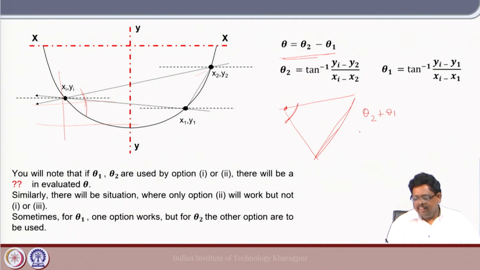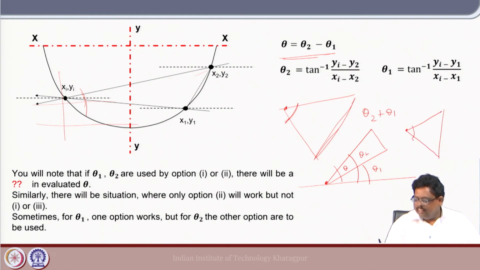It depends on how you are measuring. Are you getting my point? Like if this is your point and this is it, this theta is nothing but my theta 2 minus theta 1, fine. Now, suppose your section is like this way.